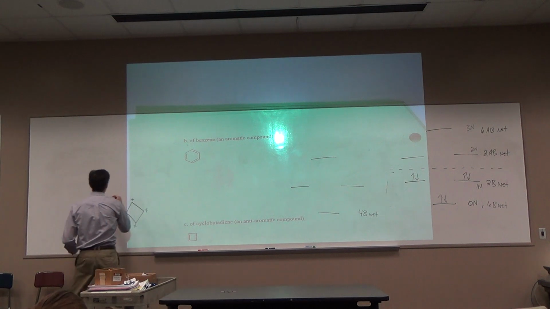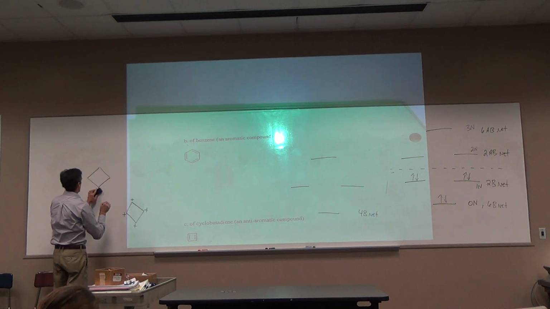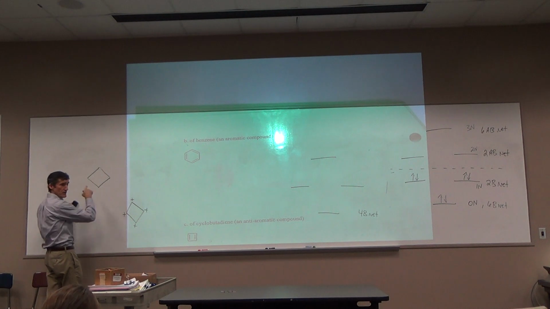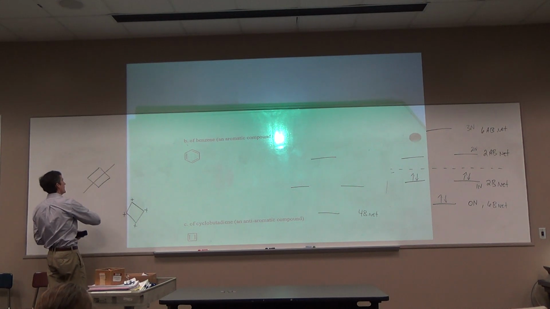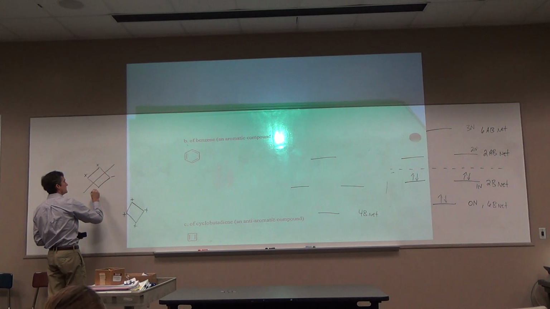Okay. Now this has how many nodes? The next one? 1. If this is plus, what's this? Plus, and that's plus. This is minus and minus.